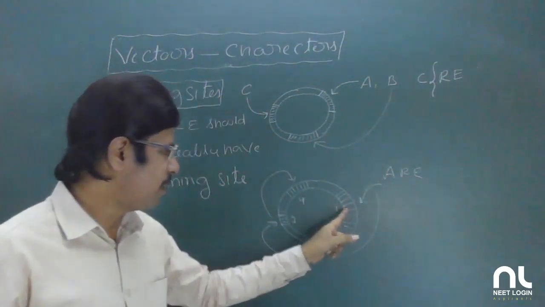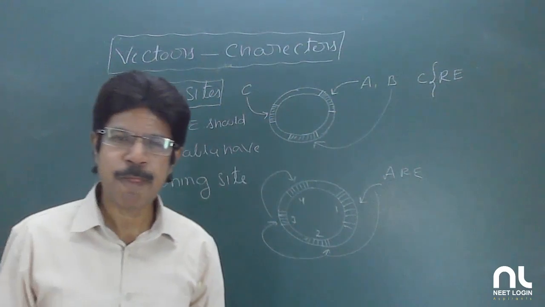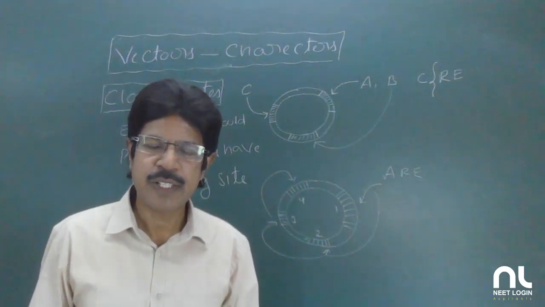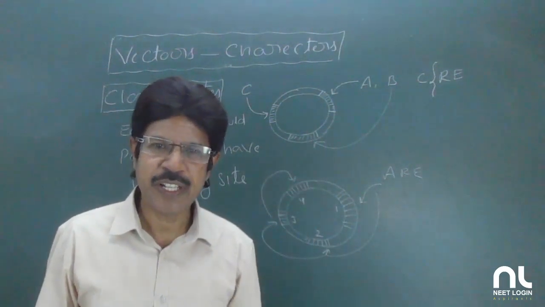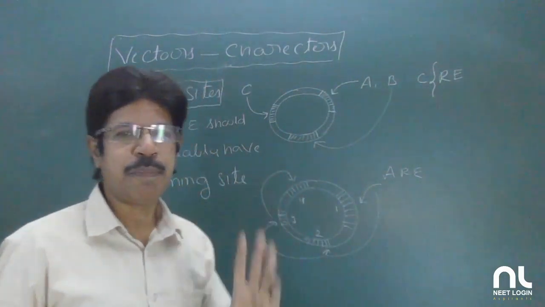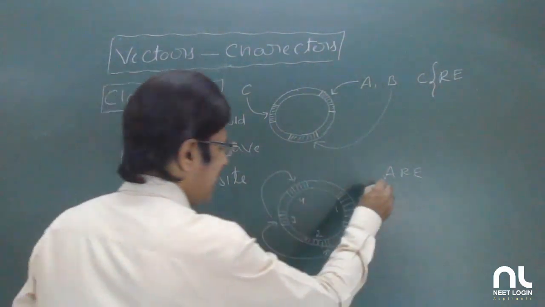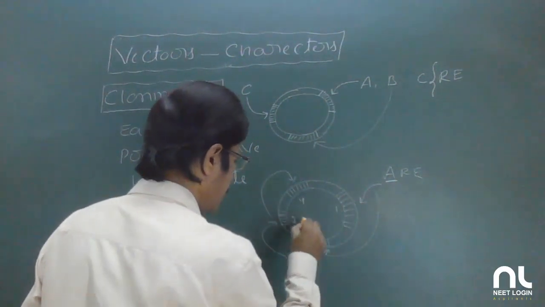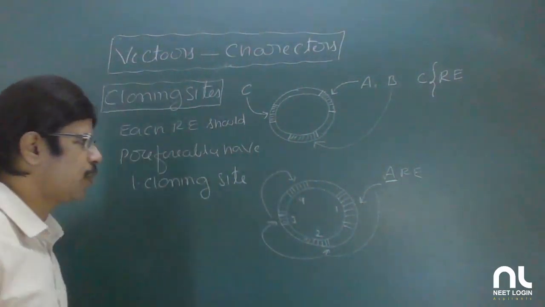If A itself has 1, 2, 3, more than one site, it is made into fragments, some useful points are eliminated, making the process highly complex. Are you getting it? A restriction enzyme having 1, 2, 3, 4 sites, 4 cloning sites.